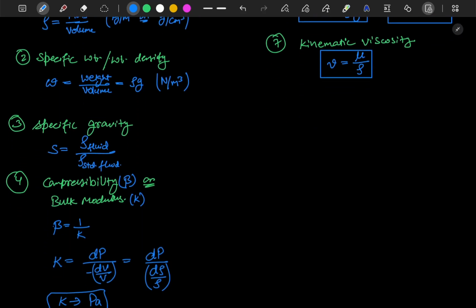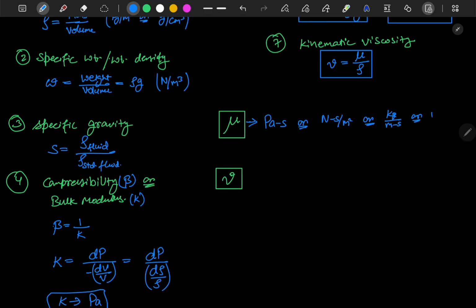Now, if we talk about units of dynamic and kinematic viscosity, let's start with dynamic viscosity. For dynamic viscosity, we use Pascal second, or Newton second per meter square, or kg per meter second, or poise.